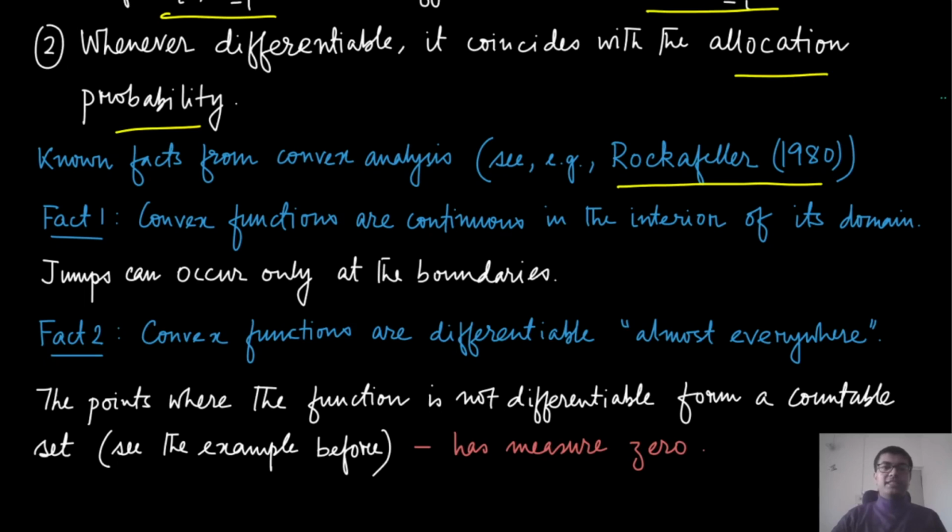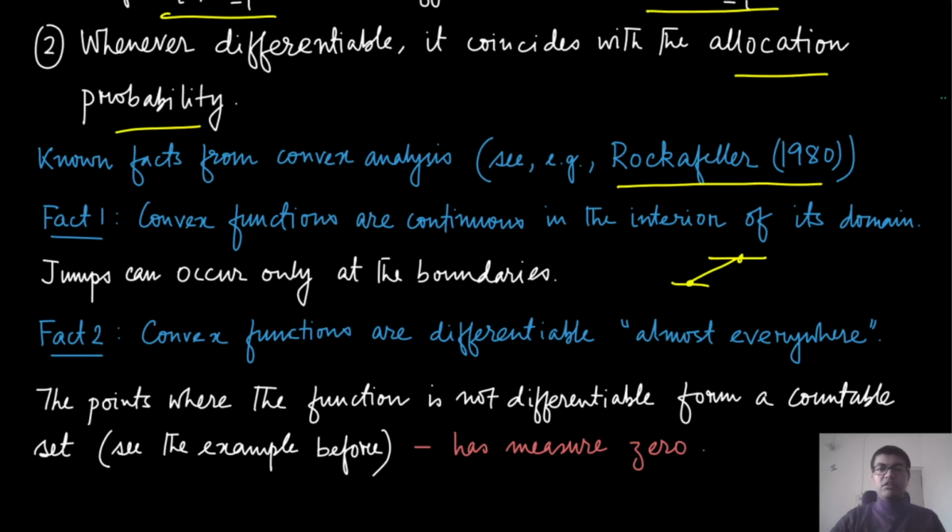So first two facts. Convex functions have this property that they are continuous in the interior of their domain. What can happen is that the jumps can only occur at the boundaries, and the intuition is that if you have a jump at some point, then this function is clearly not convex, because you can have a chord which connects these two points, and the requirement of a convex function is that this chord should always lie above that curve, which cannot happen in this case.